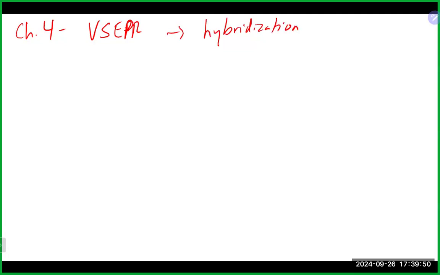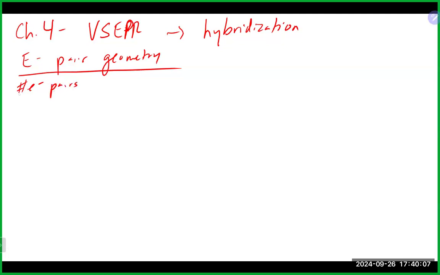And remember, hybridization is basically linked to electron pair geometry. So basically, the number of electron pairs, you count it just like you would do geometry.